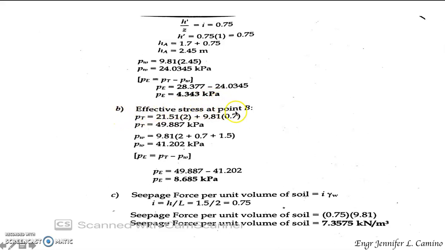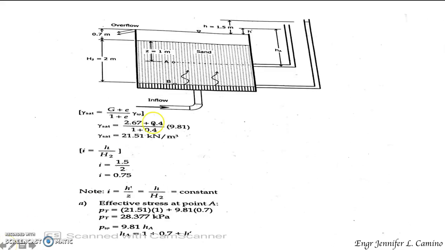Now the effective stress at point B. If we try to get the effective stress at point B, this is point B, so that will be 2 times 21.51 plus 0.7 times 9.81, that is the unit weight of the water. So that is the total stress. Our pore water pressure at point B will be the height of the water, that is 0.7 plus 2.